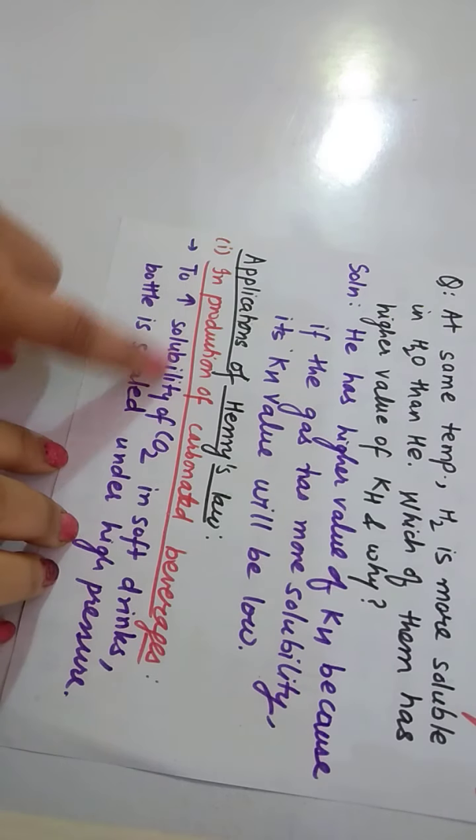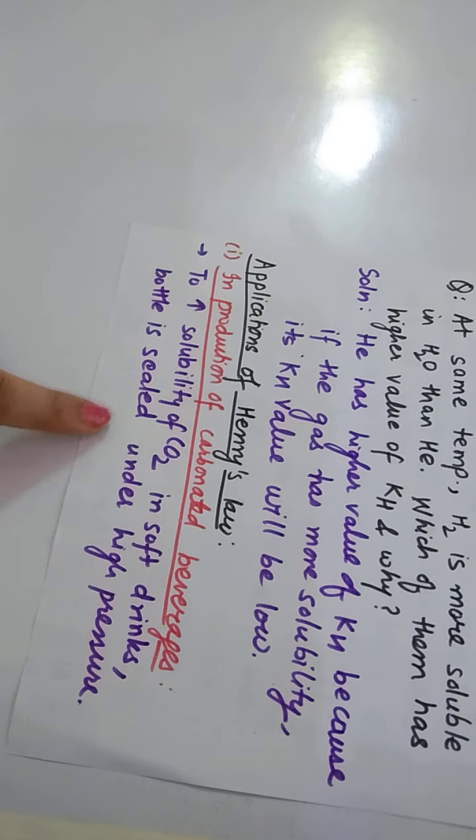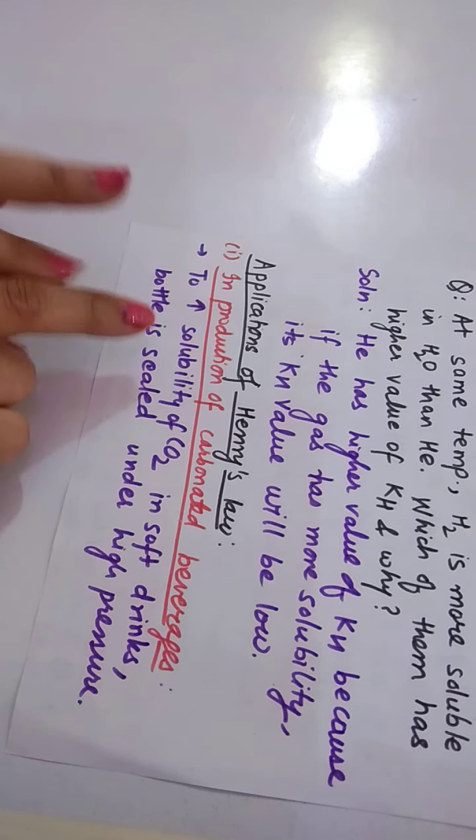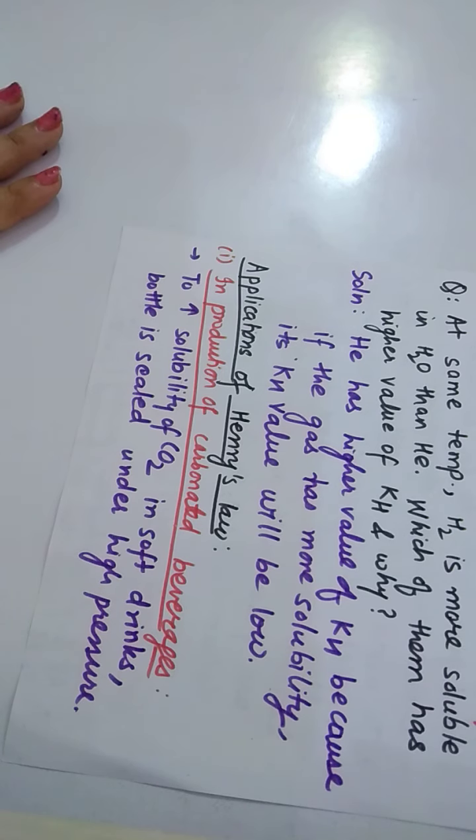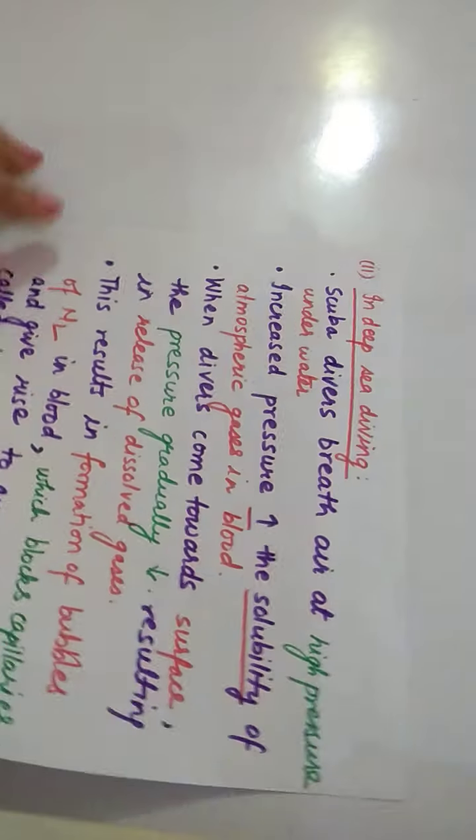To increase the solubility of CO2 in soft drinks, the bottle is sealed under high pressure. Under high pressure, the companies make CO2 enter into the liquid and the caps are tightly closed so that the gas cannot escape outside.